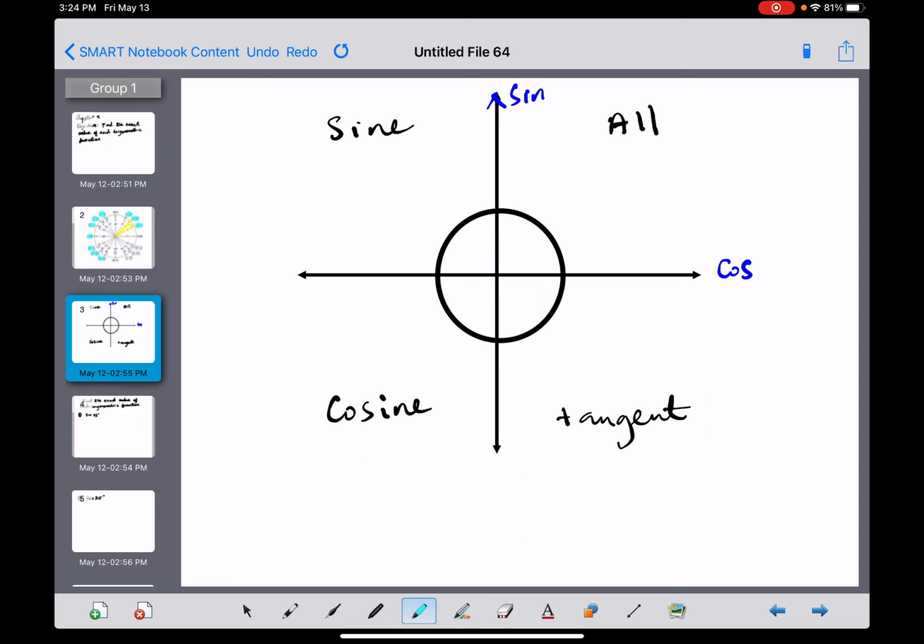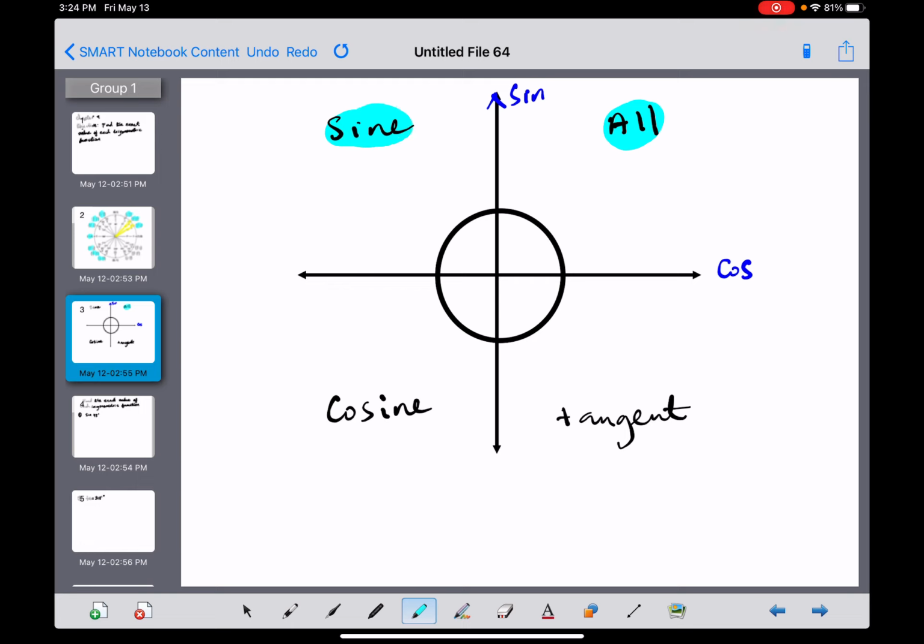So go ahead, copy down this slide and I'll explain what it means. So what you're copying down is a way for us to find the exact trig functions without using a calculator. So all, meaning any function that falls in the first quadrant, the answer will always be positive.